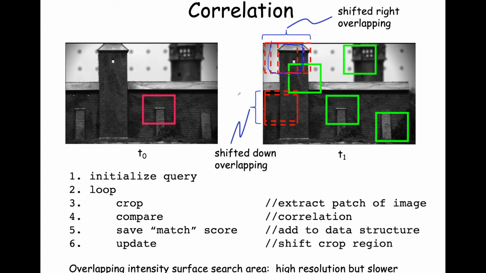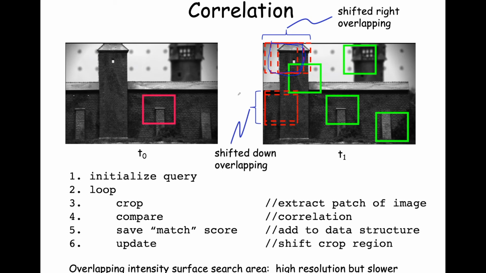And the good news is that it's very high resolution. Because we're only moving this crop window in the image at time t1 one pixel at a time at the minimum, it's very high resolution. It will precisely locate where that crop region at time t0 went in the image at time t1. But the bad news is it's much, much slower because there are many more locations to search, to visit, and evaluate.